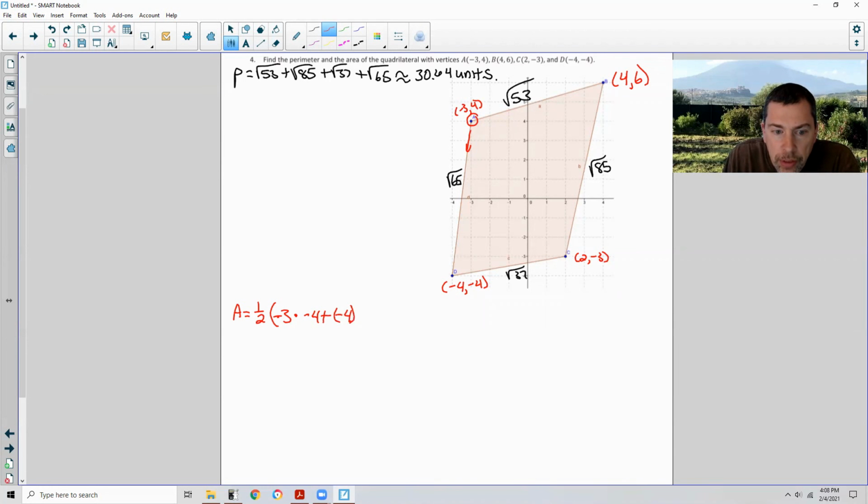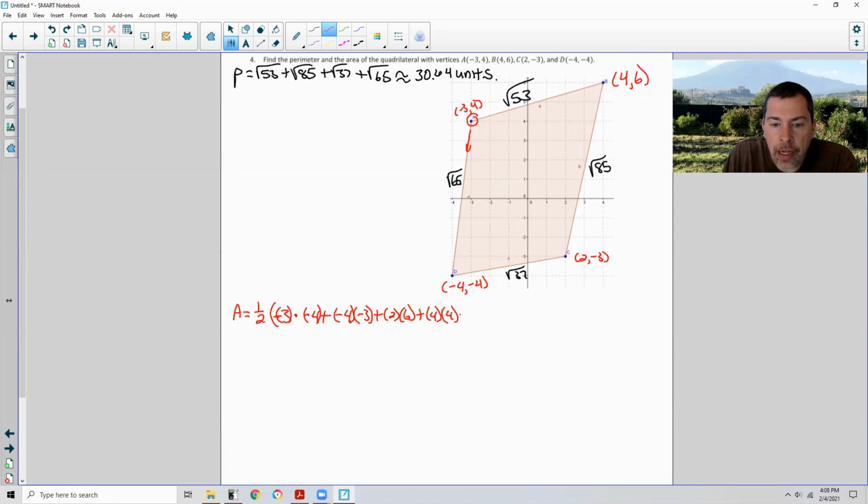I should put these in parentheses to avoid the confusion. -4 times the next y, which is -3, plus the next x, which is 2, times the y that follows, which is 6, plus finally the last x, which is 4 times y at the beginning, which is 4.